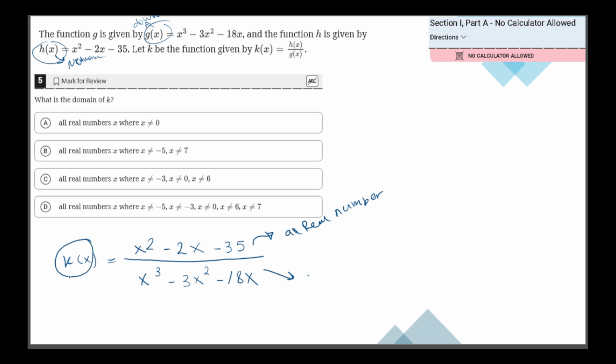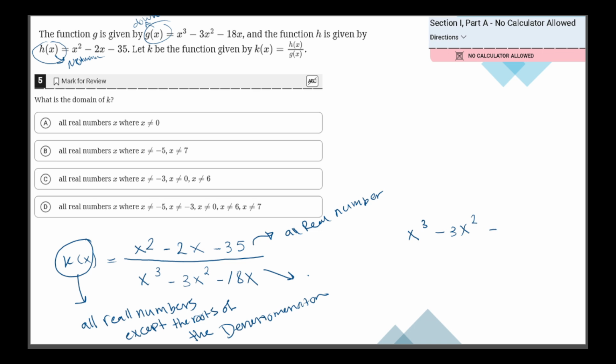But the domain of k of x is all real numbers except the roots of the denominator. Here's the denominator. Now let us find the roots of the denominator. x cubed minus 3x squared minus 18x equals 0.